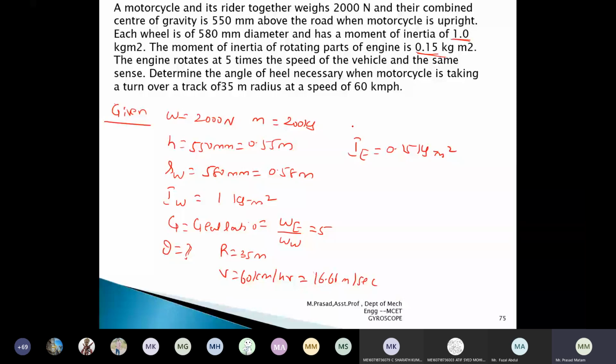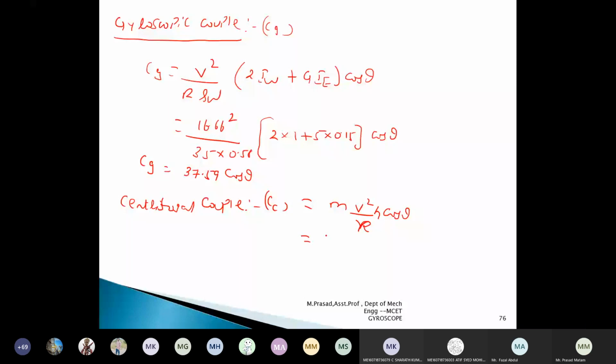W is equals to M into G. W they have given as 2000 newtons, M I don't know. G instead of 9 I am taking as 10. So mass is equals to 200 kg. I will substitute the mass. What is the velocity we got? 16.66 square, and radius is 35, into H. How much is H?